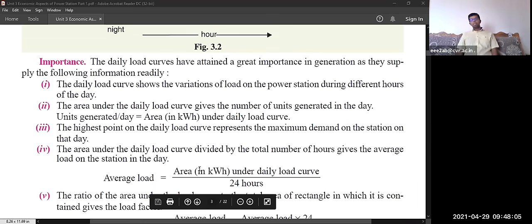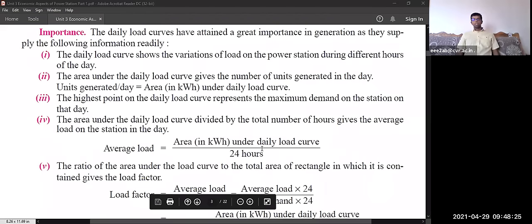So average load is equal to the area in kilowatt hour under the daily load curve divided by 24 hours. That is the amount of energy generated in the particular day divided by the number of hours in that day, 24 hours if we are taking 24 hours.